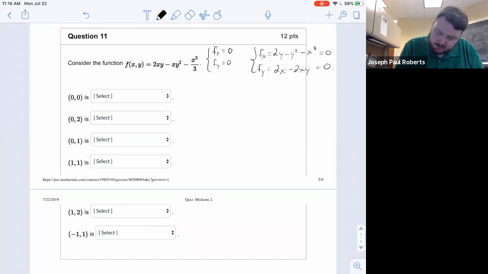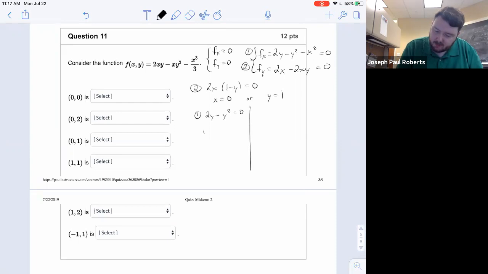So this second equation is telling me that 2x times (1 minus y) equals 0. So it's telling me that x has to be 0 or y has to be 1. And then if x is 0, the first equation is telling me that 2y minus y squared is 0. So y times (2 minus y) is 0, so I get y is 0 or 2.